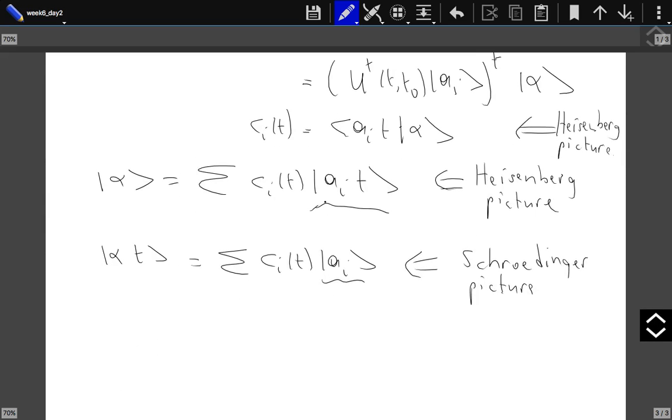So that is what we have over here. The base kets are time dependent. The coefficients are time dependent, but they are time dependent in such a way that the time dependence of the base kets cancels the time dependence of the coefficients. So the resultant state ket alpha is independent of time.